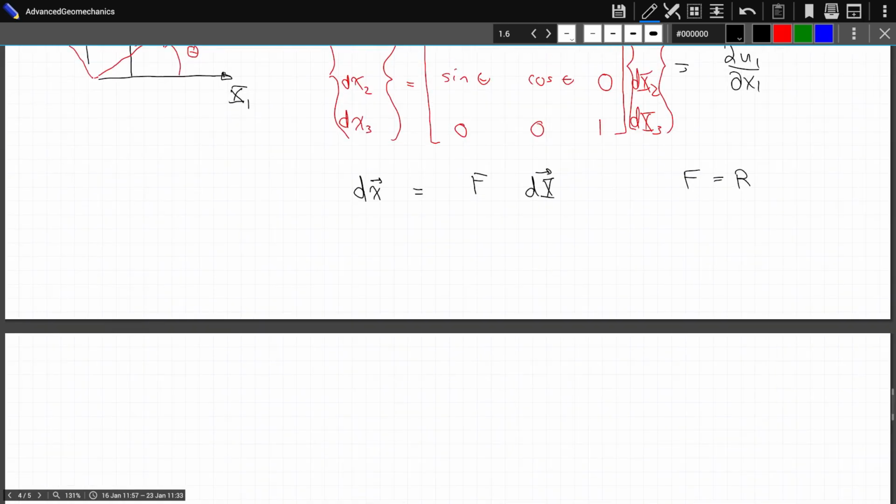All right, so now let's write down the Green strain in terms of the deformation gradient, which is also the rotation matrix, right?